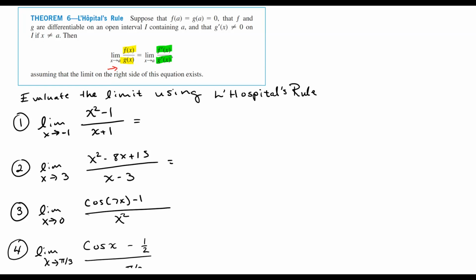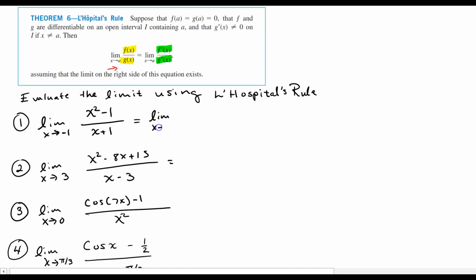Okay, so we're going to take the limit as x approaches -1 of x squared minus 1 over x plus 1. Now you should notice when you plug in -1 into the denominator, you get 0, which is not going to happen. This is an indeterminate form. So what we will do is take the derivative.